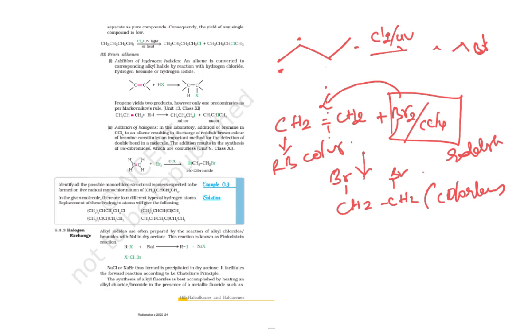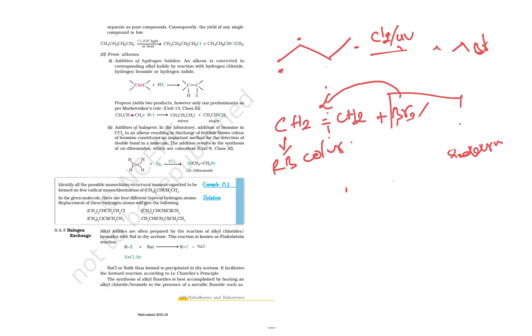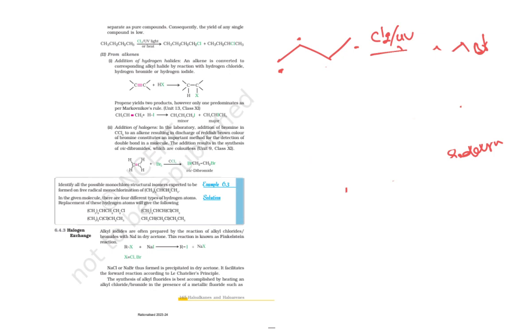Okay, next we are going to solve the sums. So what is the sum? Identify all possible monochloro structural isomers expected to be formed on free radical chlorination. We discussed this question already, right? Look here, one more time I will solve it.